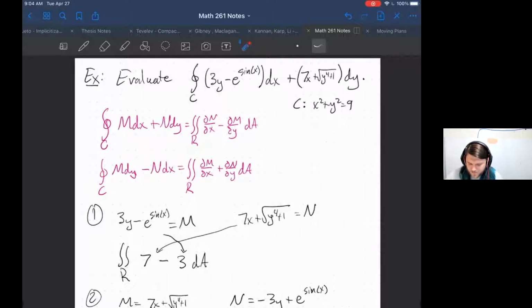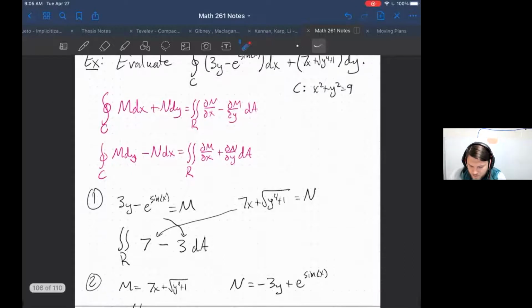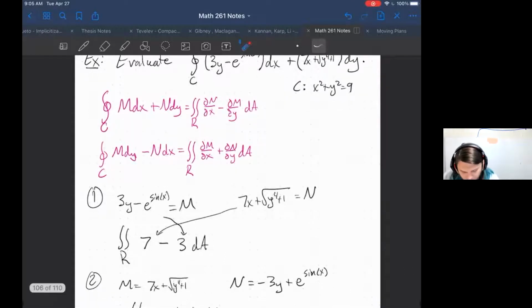Depends on how you want to look at it, but we can get a vector field out of this line integral and use Green's theorem in either form to write this line integral as a double integral and make it a little bit easier.